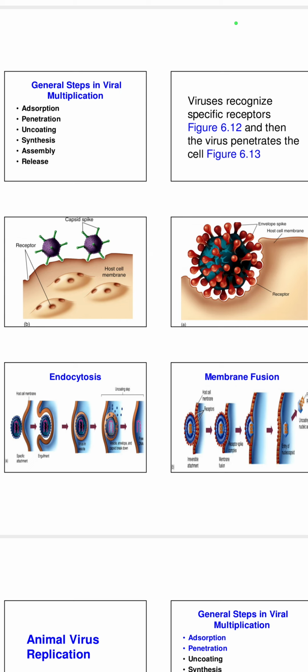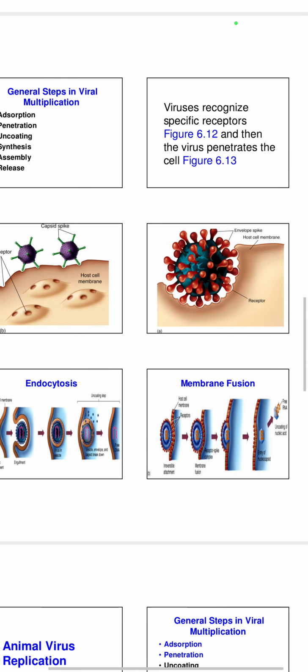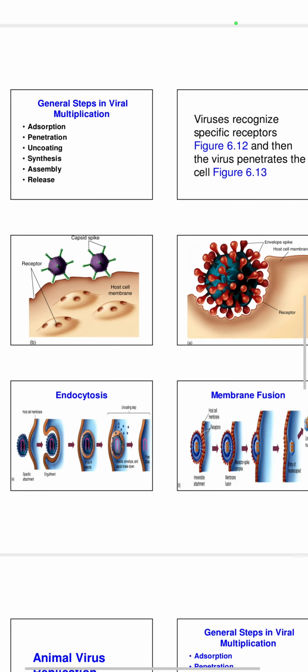So this is another way, which is membrane fusion. The first step is attachment, or adsorption, and the next step is penetration. That explains the illustration below.